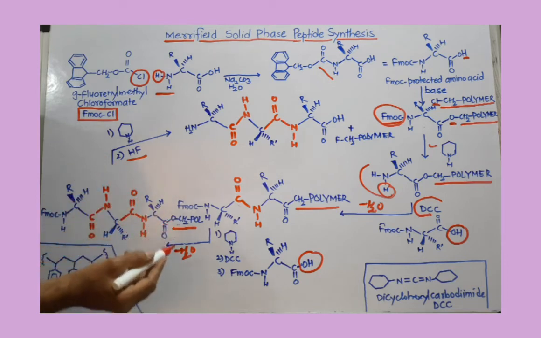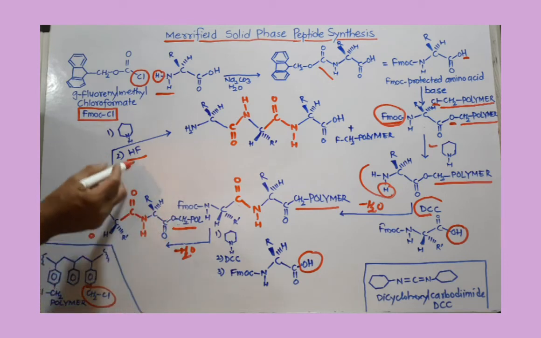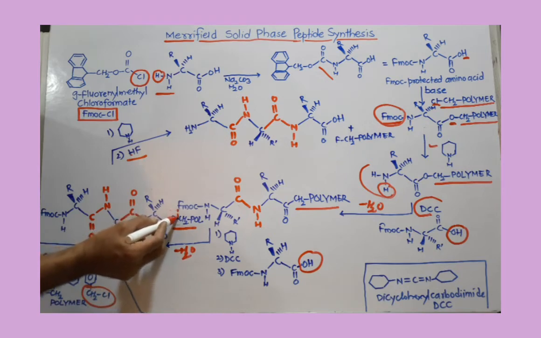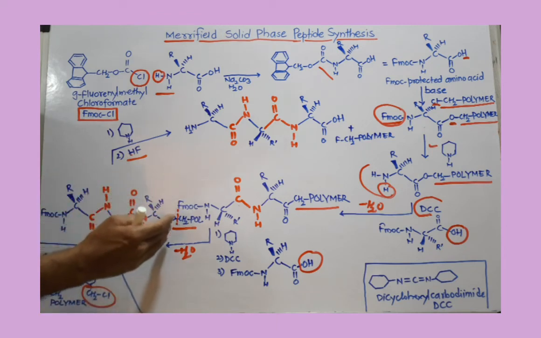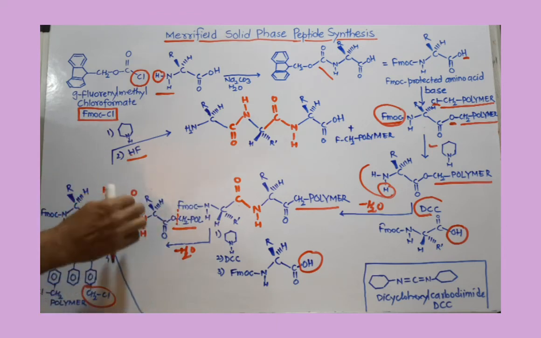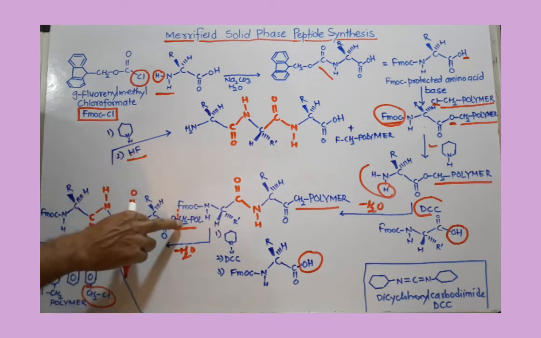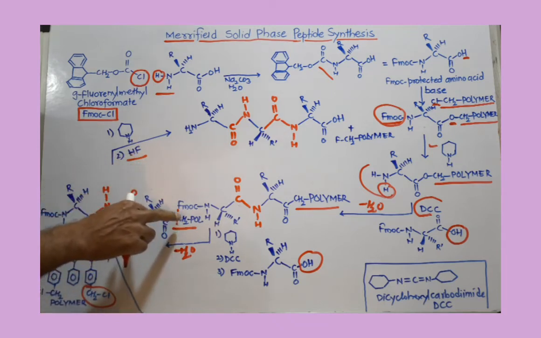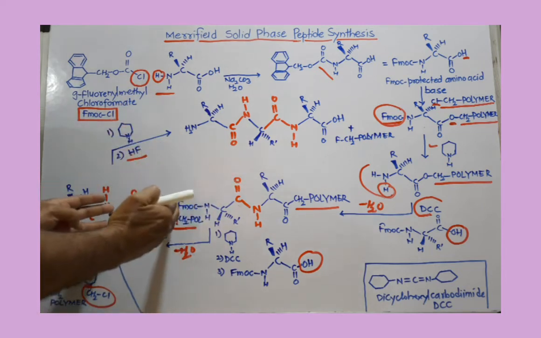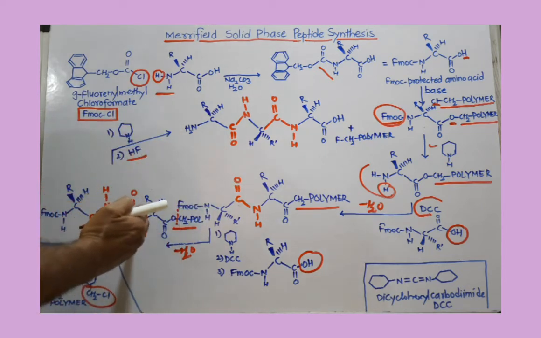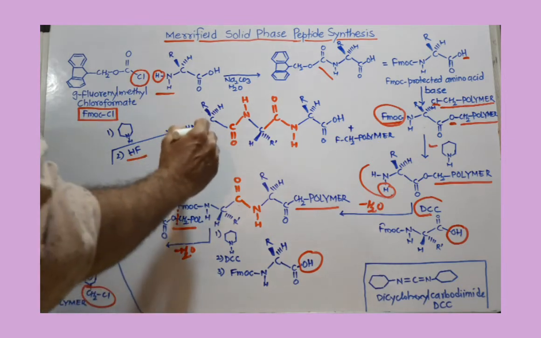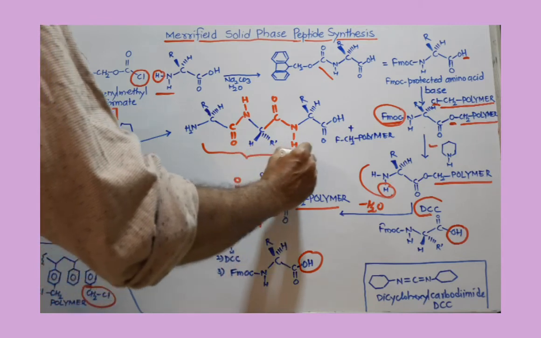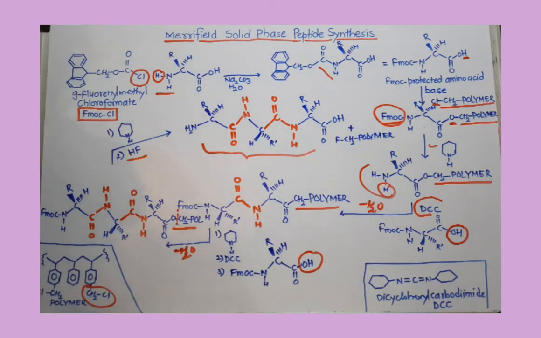Now you can see here, this H will go to the oxygen, this bond is broken, you just see here carefully, and H of HF is now going to join this oxygen because we need a free carboxy group, and F will go and attach to the CH2 group. So now once this is done, once this is removed from the polymer, not peptide, so we get this tripeptide molecule or even polypeptide.